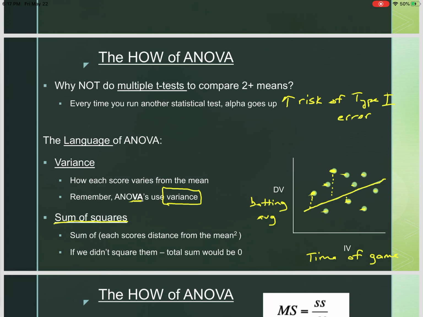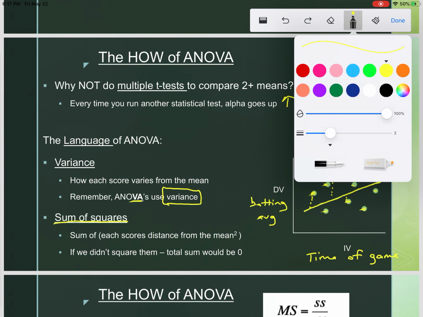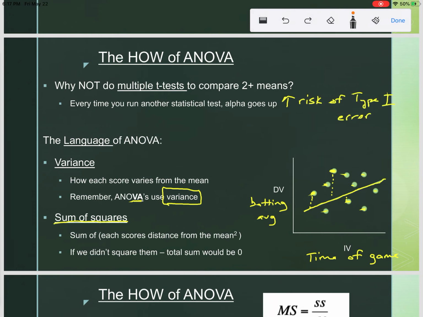Let me change colors here, just so we can see I'm talking about something different. Let's do orange. If we took each individual score and its difference from the mean, let's say that this player was 10 points above the mean, and this player was actually 15 points below the mean.